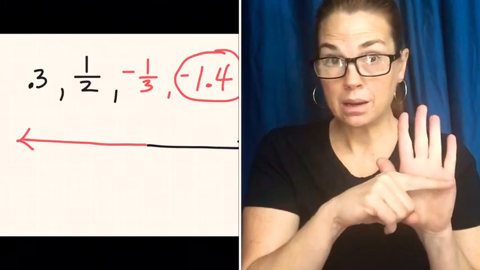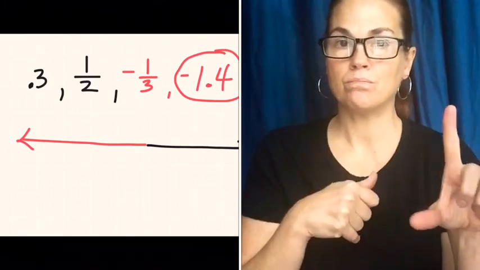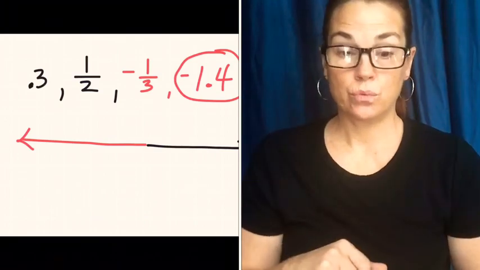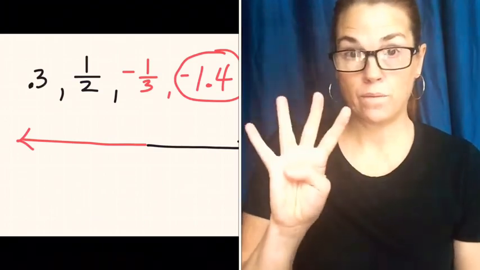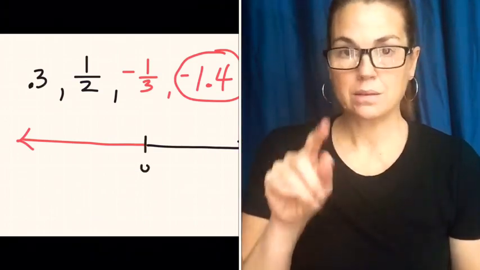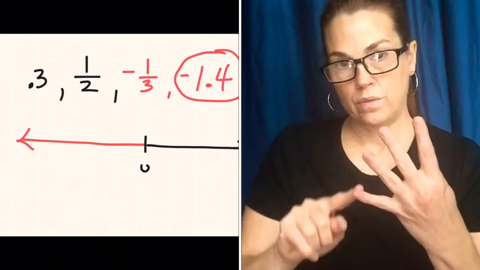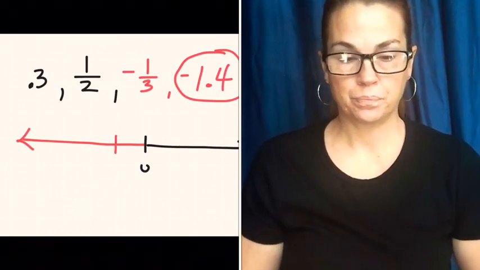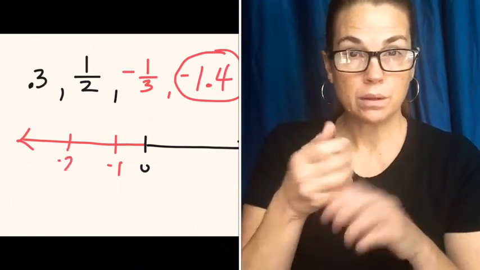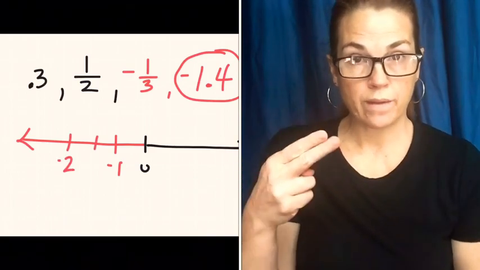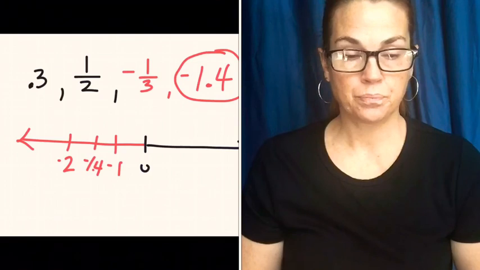Negative 1.4 would be the least value of all of these rational numbers. And so if I wanted to plot it on a number line, if that's negative 1 and that's negative 2, then negative 1.4 is going to be in here somewhere.